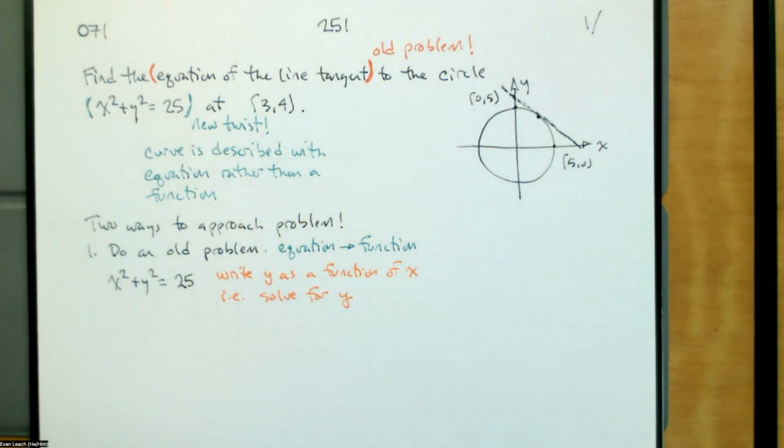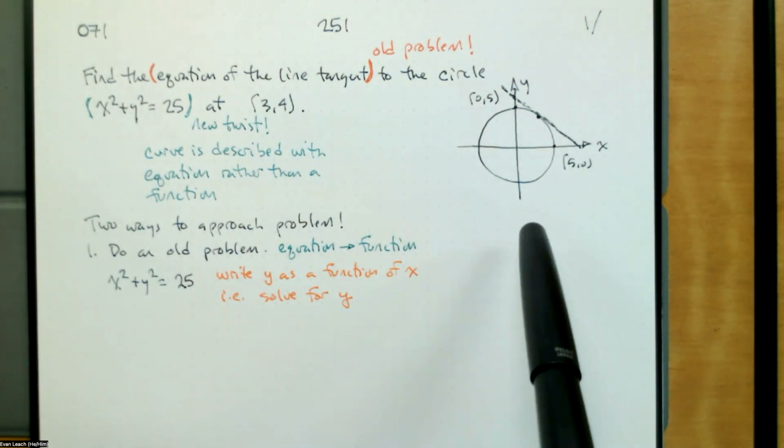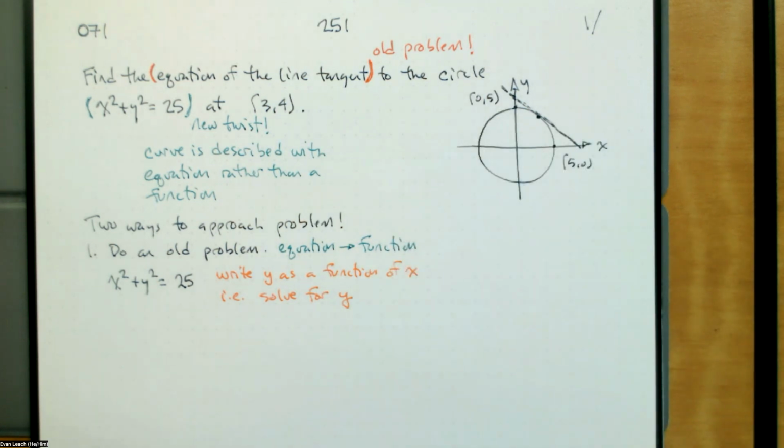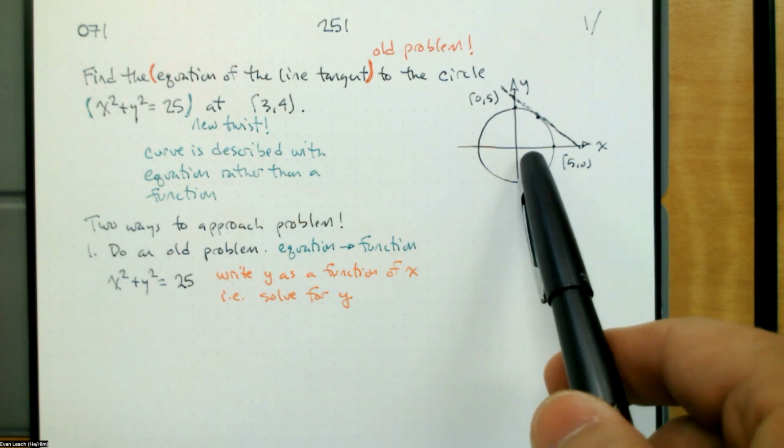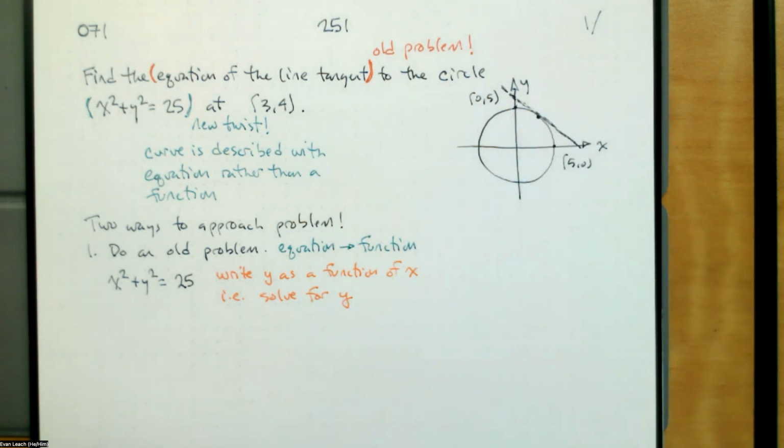We're just going to rewrite this where it says y equals. We know we're going to run into an issue with this because this circle cannot be described with just one function. Here is an x that corresponds to two different y's. It fails the vertical line test.